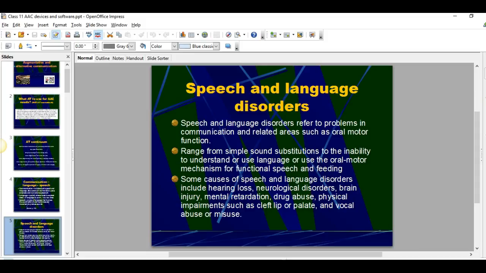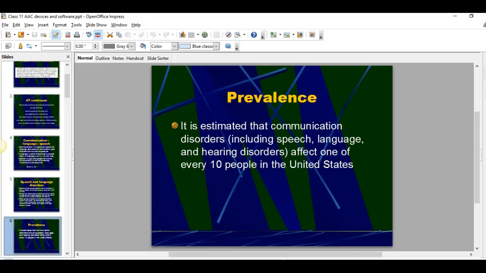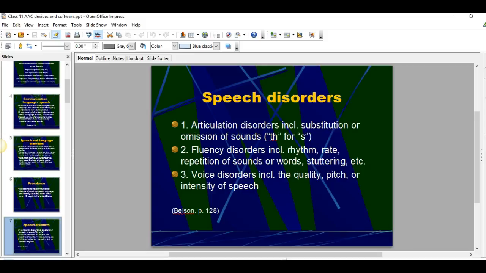Some causes of speech and language disorders include hearing loss, neurological disorders, brain injury, mental retardation, drug abuse, physical impairment such as cleft lip or cleft palate, and vocal abuse and misuse. The estimated prevalence is about 1 in 10 people in the United States. That includes speech, language, and hearing disorders. Speech disorders can be divided into articulation disorders, fluency disorders, and voice disorders.